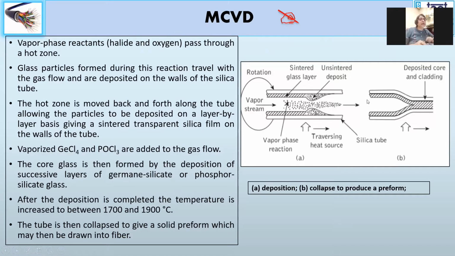Like inside, there is one method called outside vapor phase deposition. Actually that's not part of your syllabus, but still I would like to explain it. The process is the same. Here you take an initial rod on which the soot is deposited layer by layer.